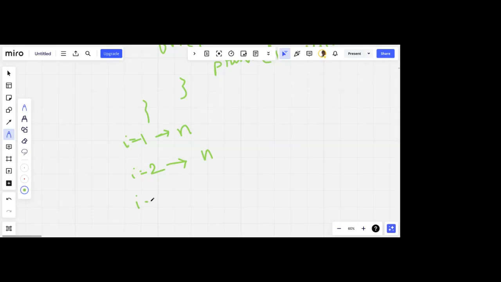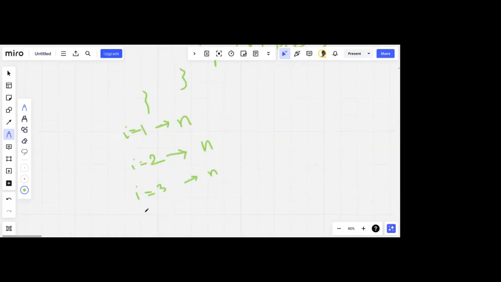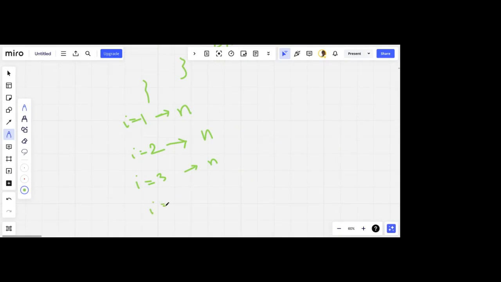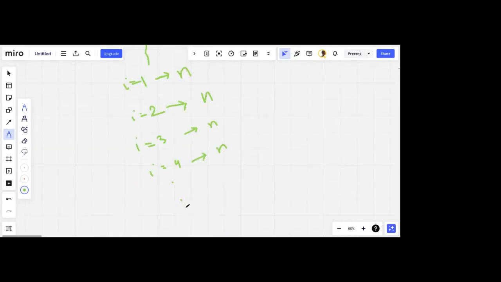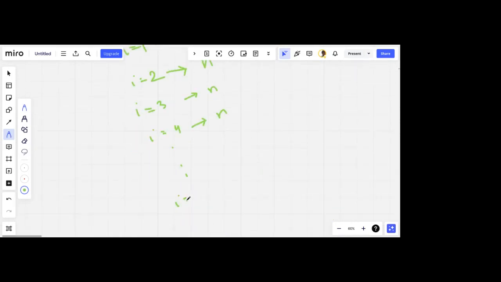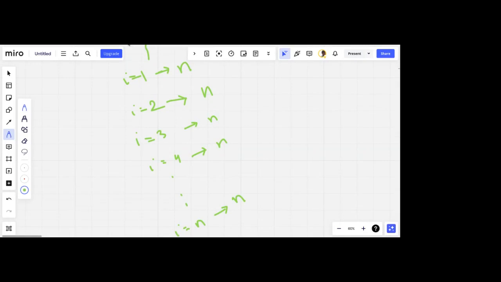When i equal to 3, then also it will be printed n times. Let's do it less than or equal to. Yeah, when i equal to 4, then also it will be printed n times. Similarly, up to when i is equal to n, then also it will be printed n times. Is it clear to everyone?